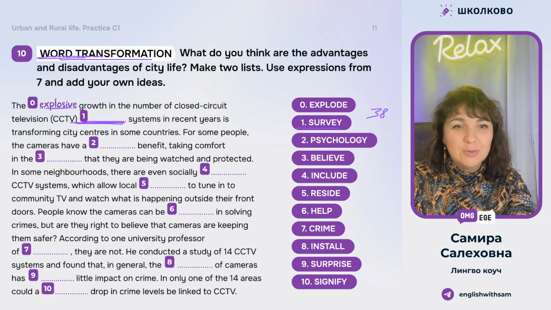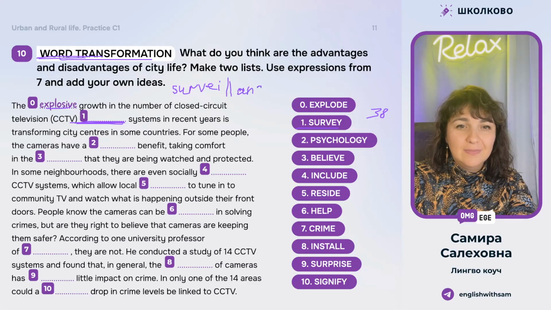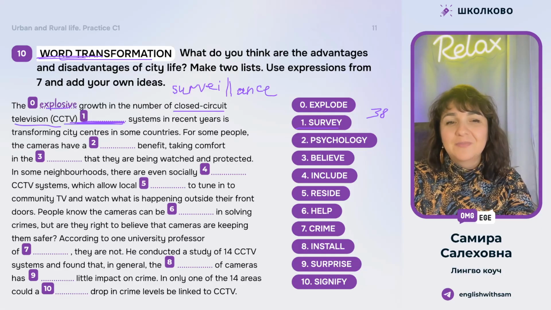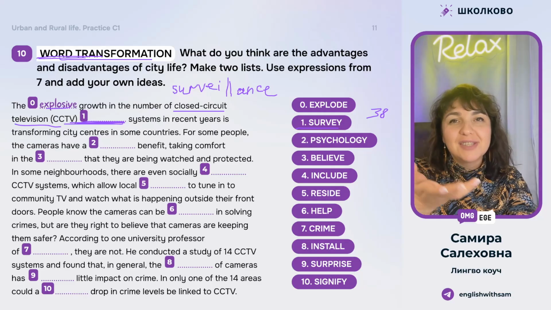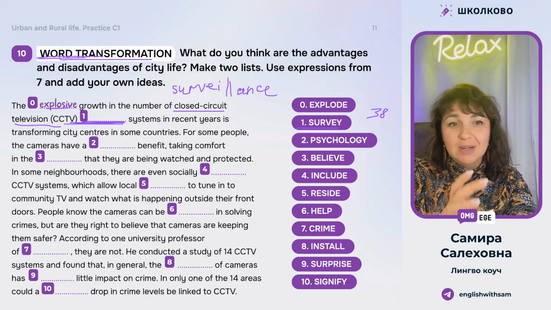So I'm going to write it here. Okay. Surveillance. So closed circuit television surveillance. Это наблюдение, то есть это на самом деле обычно системы наблюдения, камер.